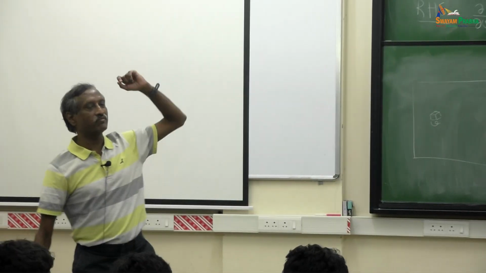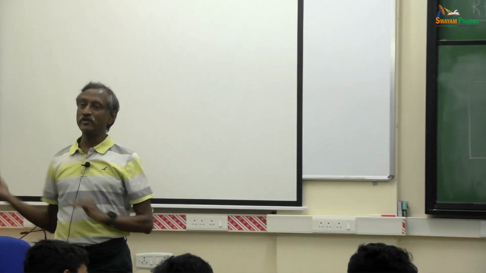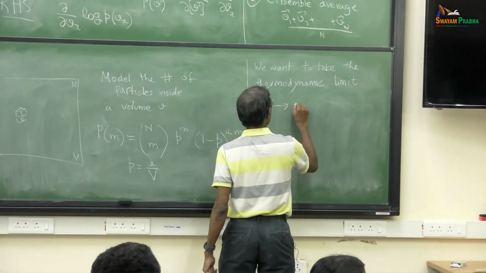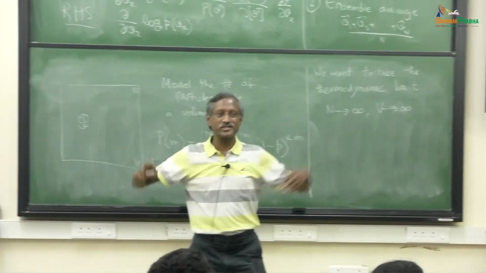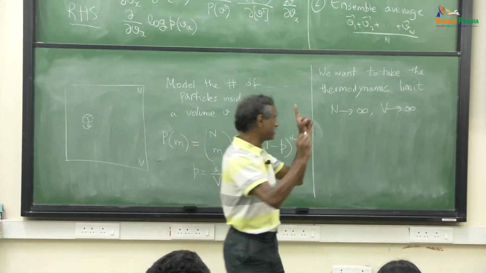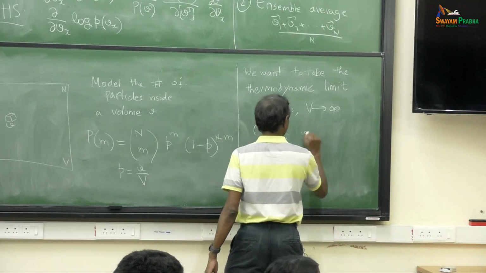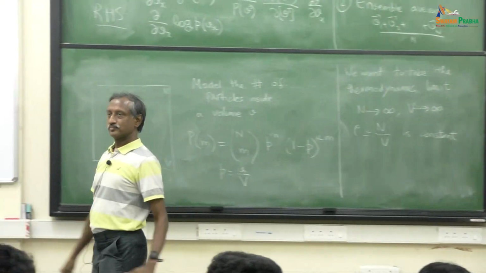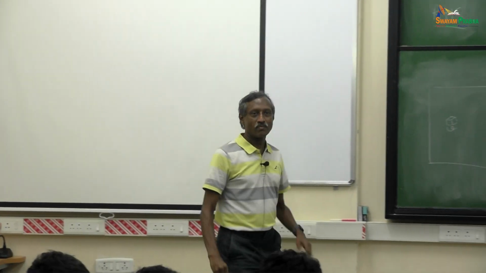Thermodynamic limit is to take the number of particles to infinity, take V to infinity. That's the idea, that the box is so large, numbers are large, but you want to keep N over V, which is the number density rho, constant.